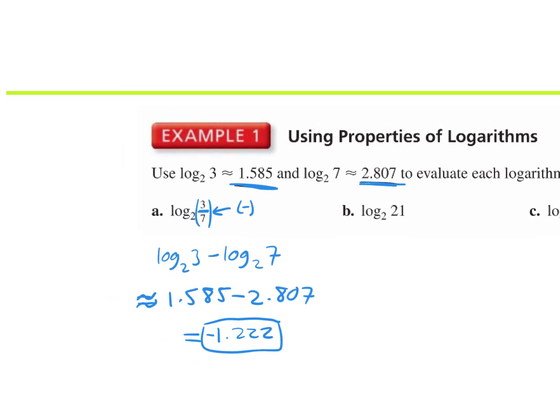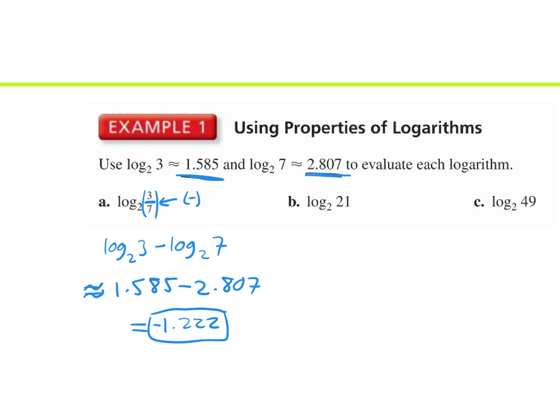Now that's not something we would have been able to do without a calculator if we weren't given these values to begin with, right? I know with a calculator you can probably just put this in, and with the information that I taught you in the previous lesson, you could use the change of base formula to rewrite it and evaluate it with the calculator, right?